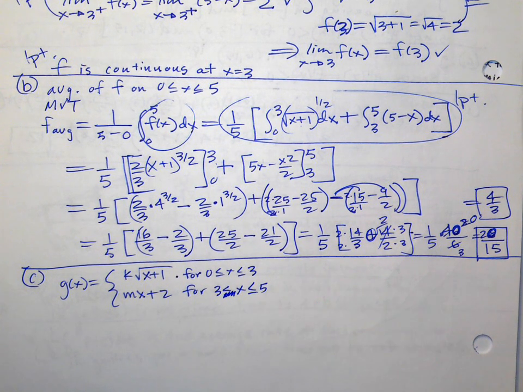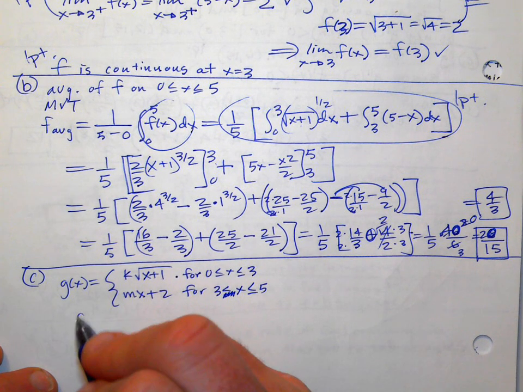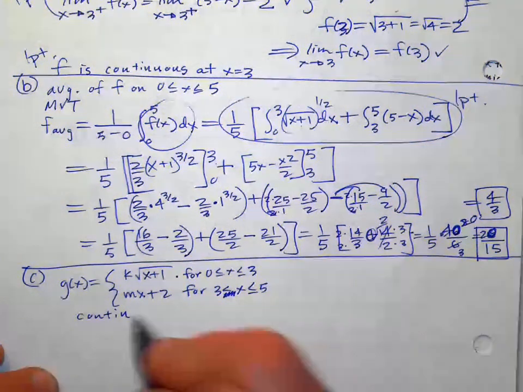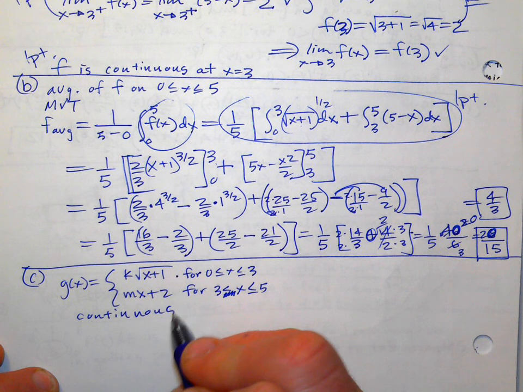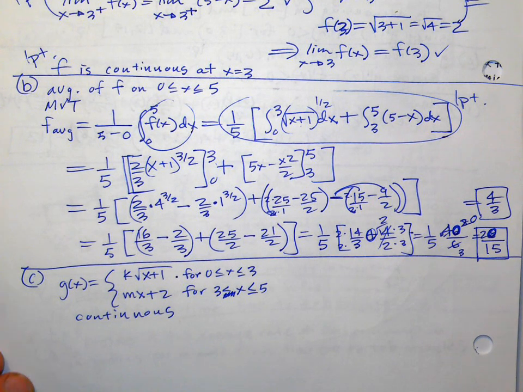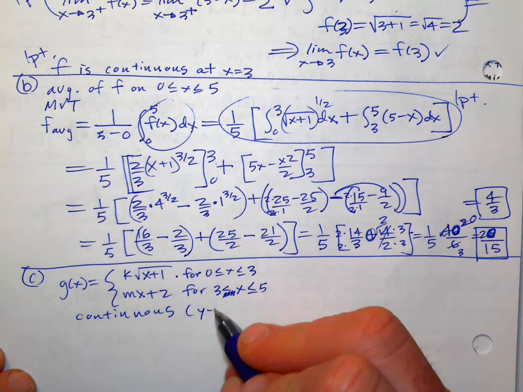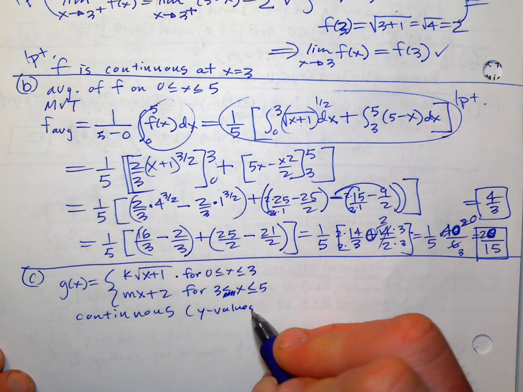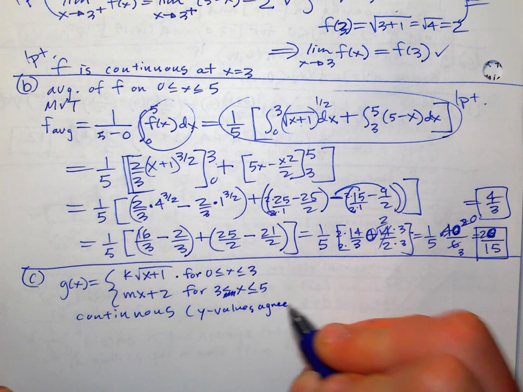Okay. So it has to be continuous. Now I'm going to go ahead and be lazy and not go through the technical definition of continuity. So continuous means that the y values agree with each other on both sides. They both approach the same thing.